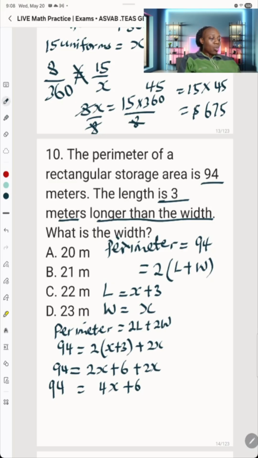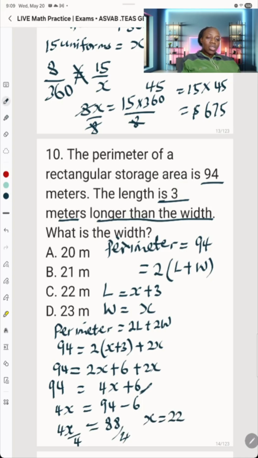We keep our 4x at one side. 4x equal to 94 negative 6. Do we understand? So that will be 4x equal to 88. Then we can divide both sides by 4. X is 22.